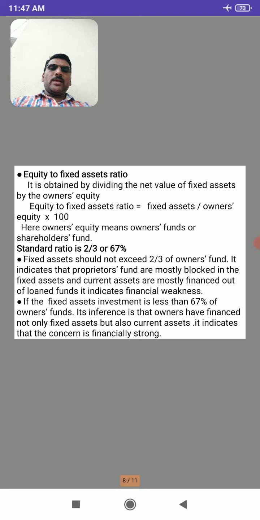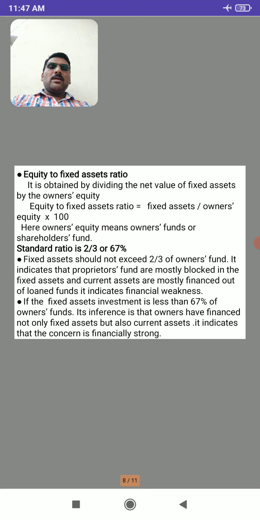So the standard ratio is 67%. The firm has to maintain the standard ratio at 67%. The fixed assets should not exceed 2/3 of the owner's fund, meaning the fixed assets should not exceed 67% of the owner's fund. It indicates that the proprietary funds are mostly blocked in the fixed assets, and current assets are mostly financed out of loan funds.